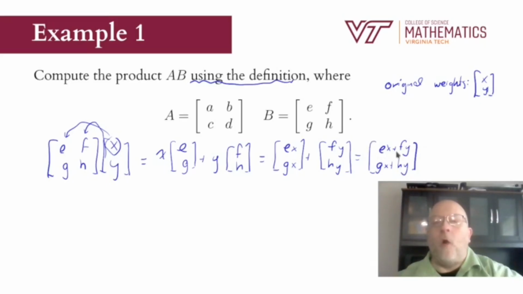EX plus FY, once we calculate that out, that's just a number. And this is just a number. This is a vector that just has two numbers in it. We're going to use those as the weights for this matrix now, for matrix A. So these are our new weights.